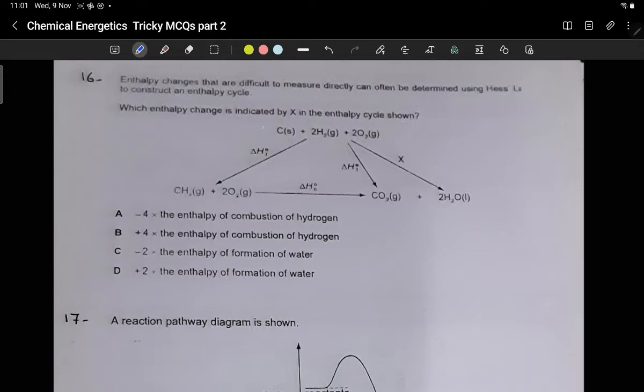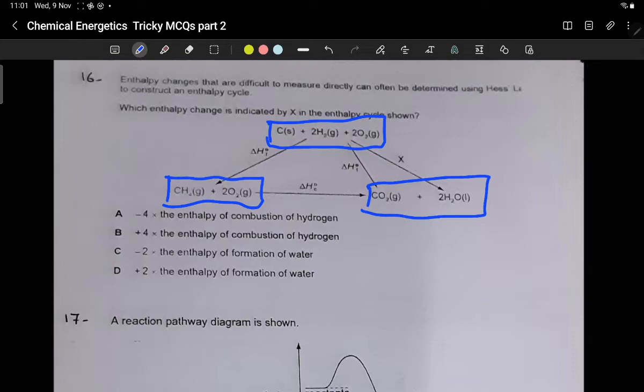These are elements, these are compounds. So the only difference in this cycle is that the elements are drawn above, while the compounds, products which are formed from the compounds, are drawn below, and the same pattern is followed.